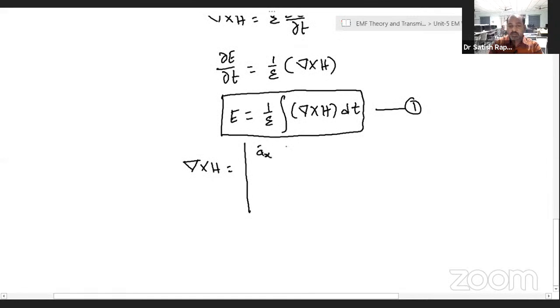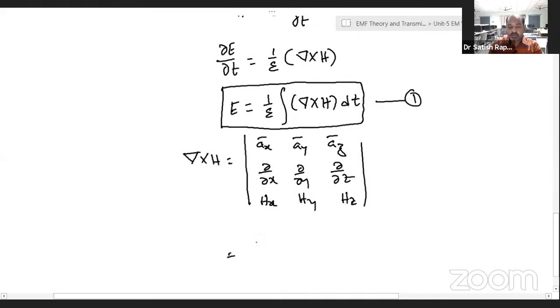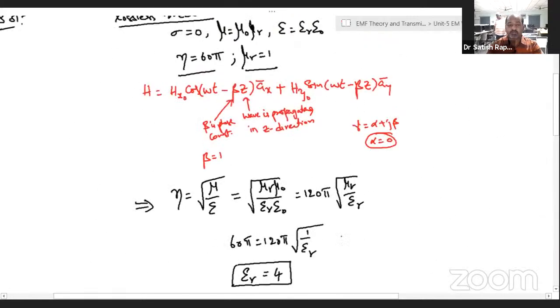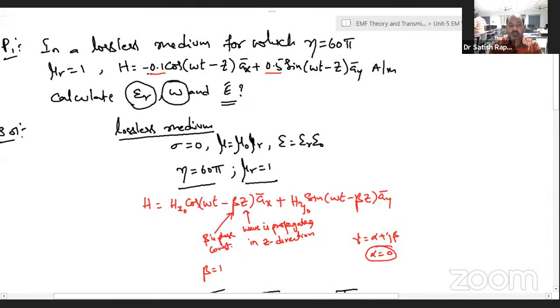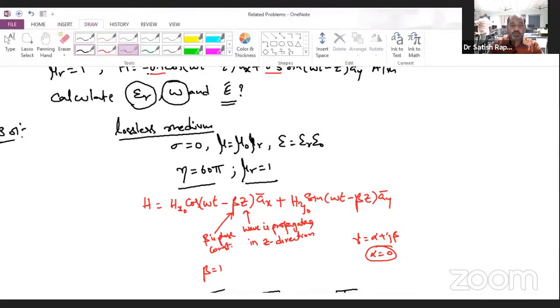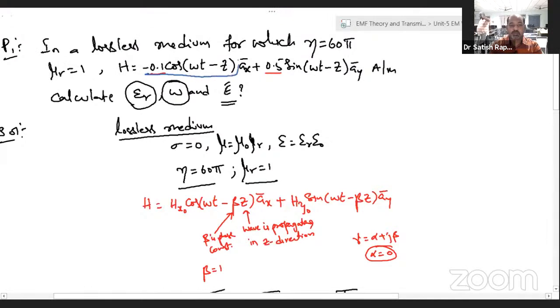What is del cross H? It is the determinant with Ax bar, Ay bar, Az bar in the first row, dou by dou x, dou by dou y, dou by dou z in the second row, and the x component, y component, and z component in the third row.